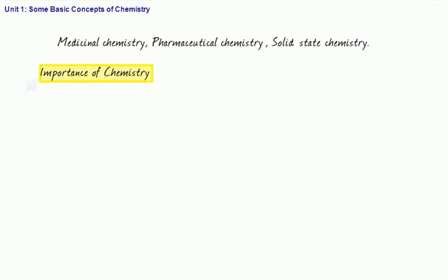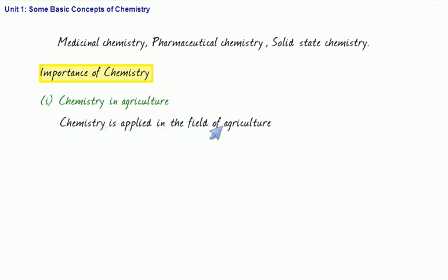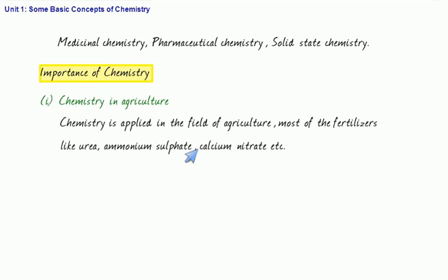First of all, chemistry in agriculture. Chemistry is applied in the field of agriculture. Most of the fertilizers like urea, ammonium sulfate, calcium nitrate, etc. are the chemicals which are used for the better production of crops.